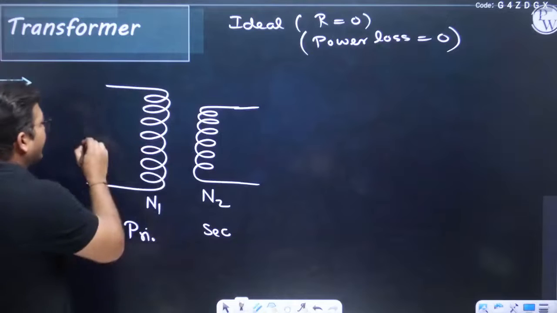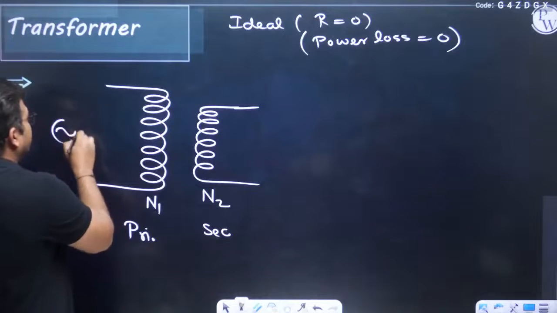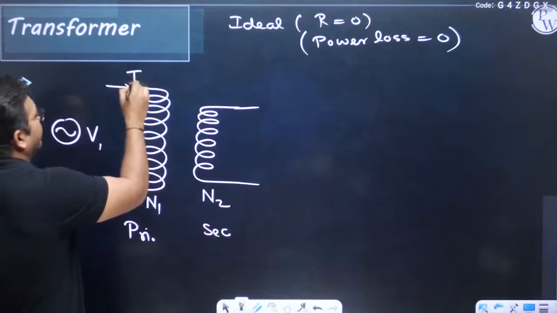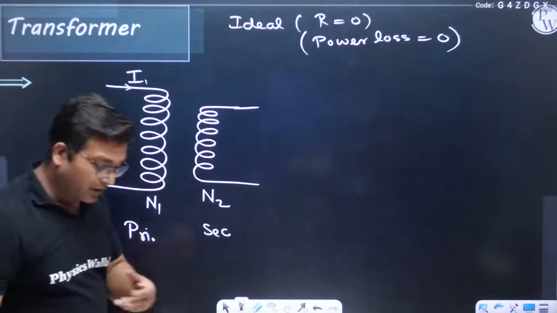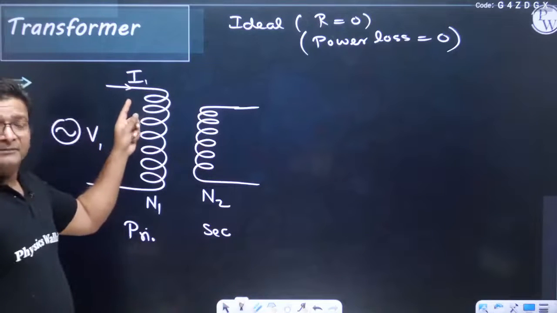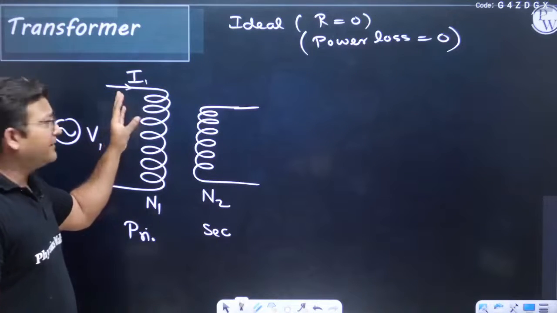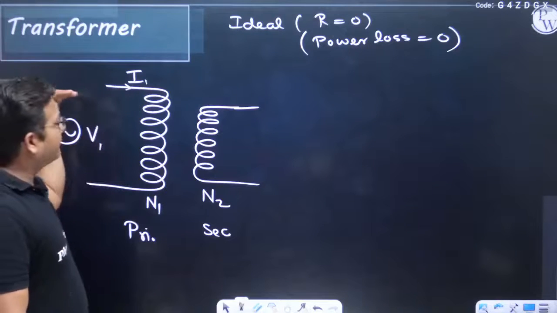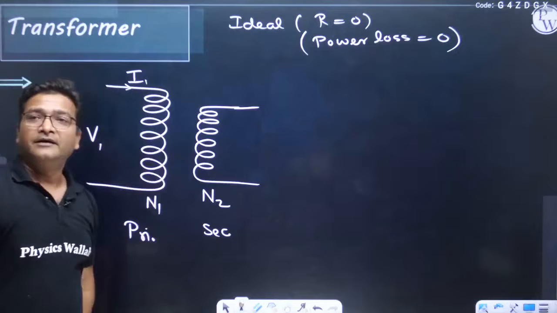Now when we apply some AC voltage here, let's say V1, an alternating current I1 develops here. Actually, I1 is alternating, but it still has been given a positive sign. It doesn't mean it is always in this direction. It is always flipping. Sometimes it is in the right direction, sometimes in the left direction.